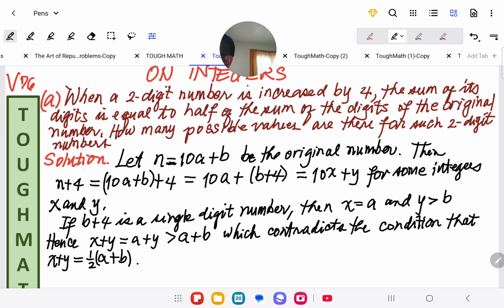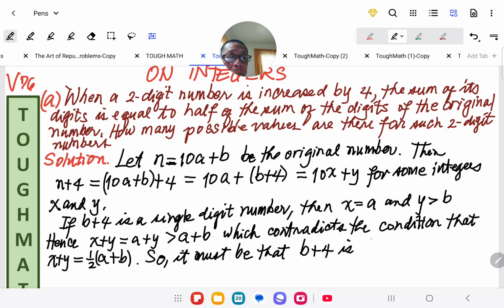So it must be that b plus 4 is a two-digit number. That is, it is at least 10, but not greater than 20, of course.